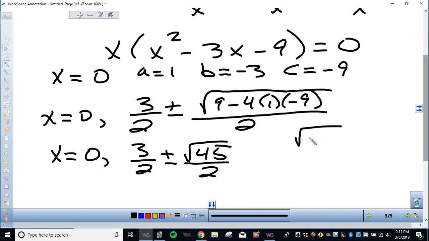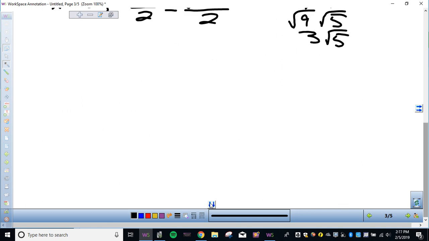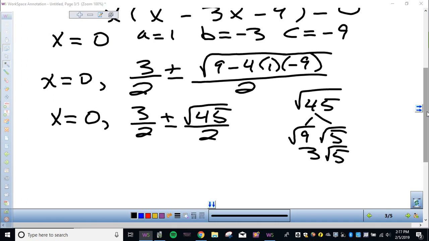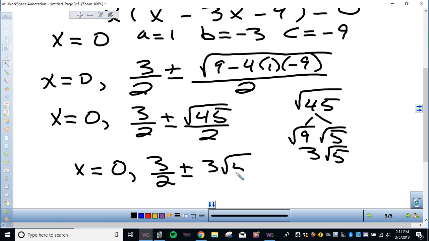So square root of 45 breaks into square root of 9, square root of 5. So you get 3 times square root of 5. So final answer, x equals 0. That's one of 3 answers. And then 3 halves plus or minus 3 times square root of 5 over 2.